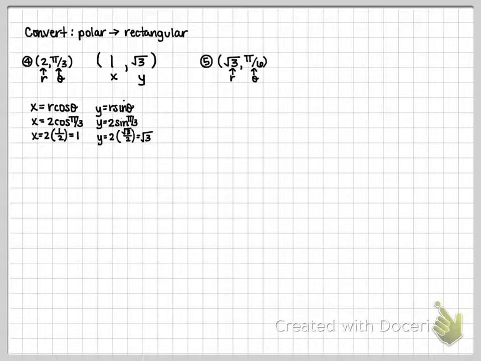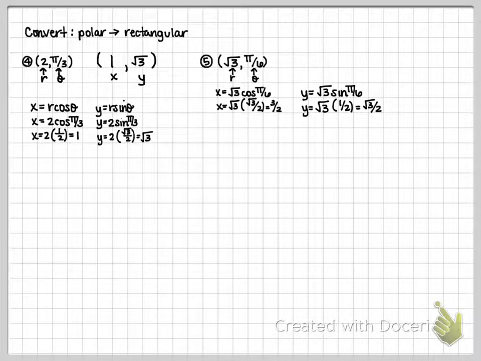So just plug it into the formulas, see what you get. So I went through, I plugged in my r and my theta into the exact 2 same formulas. I have my x and I have my y. So all I need to do now is just write it as a point. And remember that there is exactly 1 point at this unique location. So rectangular is unique, 1 value or 1 point, polar, not so much. There's a whole bunch of them there.